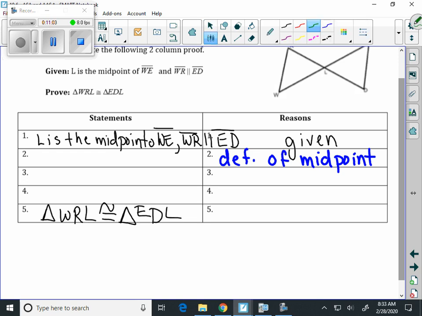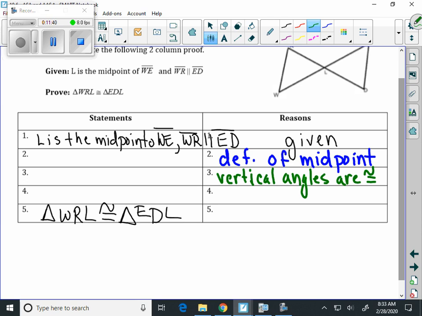We actually can get another reason on here as well, because bow tie triangles, somewhere in here, we're going to have vertical angles are congruent. And we don't have the whole proof filled in, but we've got parts of it. In fact, we have filled in 1, 2, 3, 4, 5 boxes, and we have 5 to still fill in. We have half of that proof done.